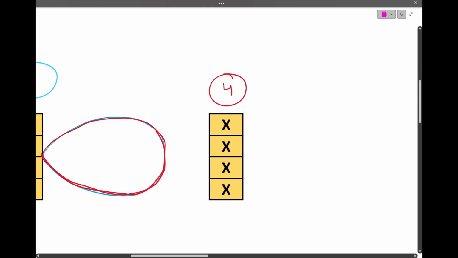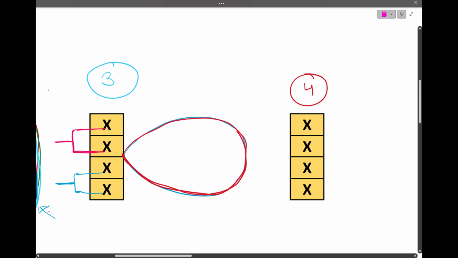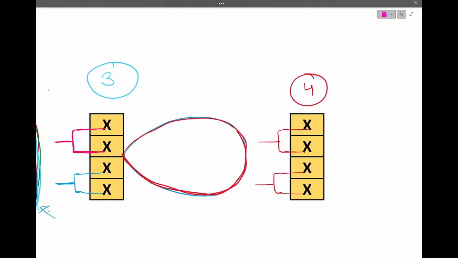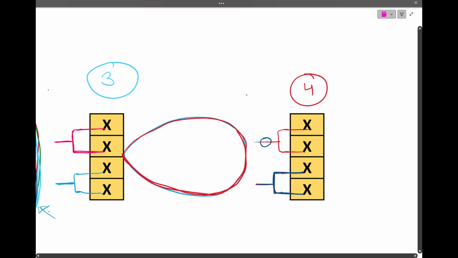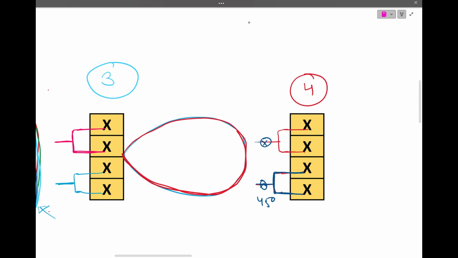Let's take case 4. Let's say we again have two groups, and here also a group of two. Let me add a different color. But we give a phase shift to each of them. This is 45 degrees plus, and this is, let's say, minus 45 degrees.